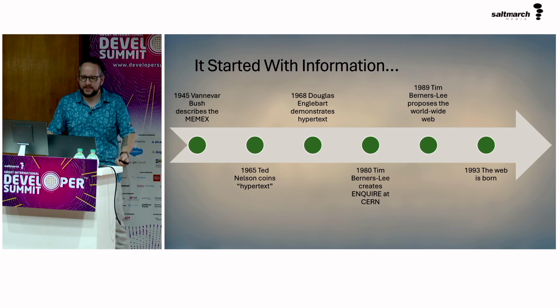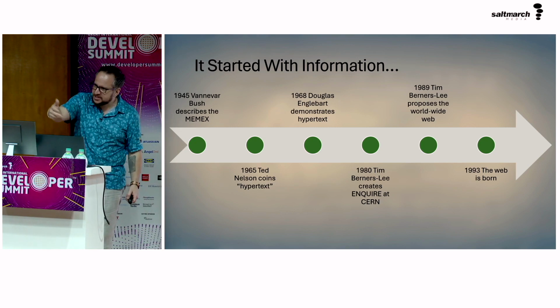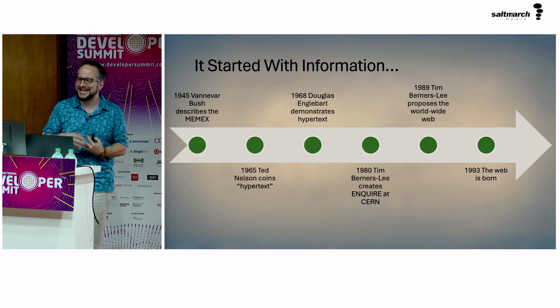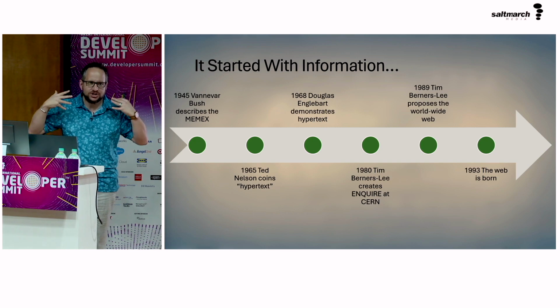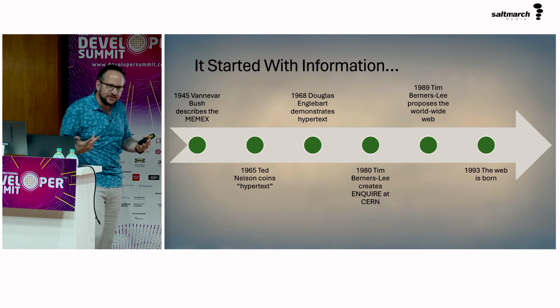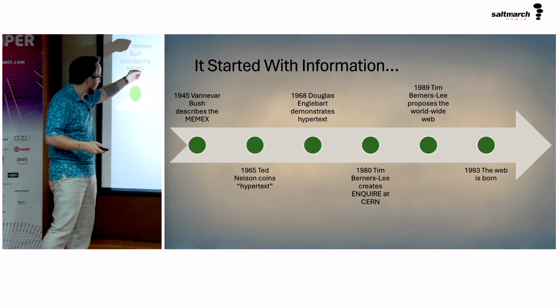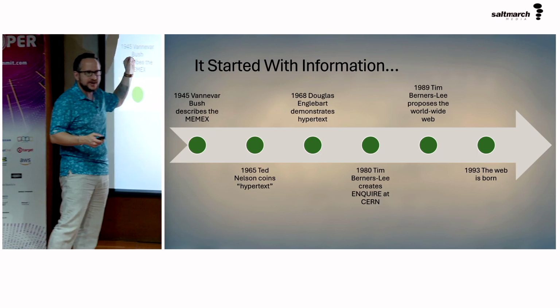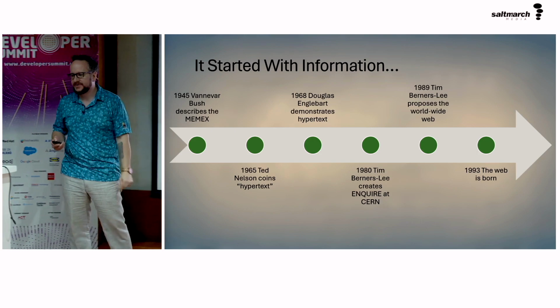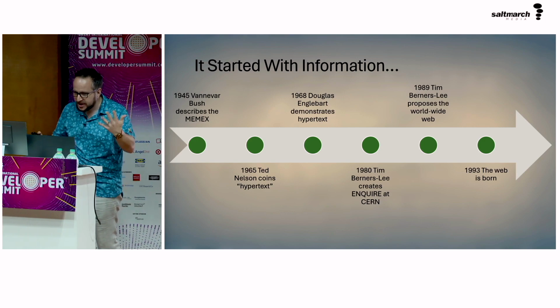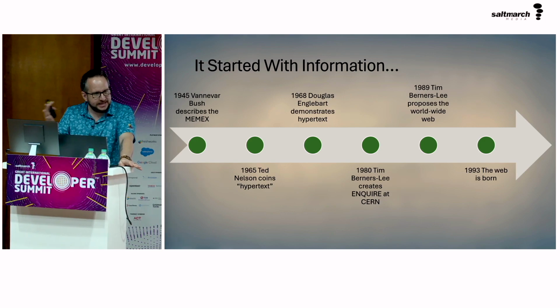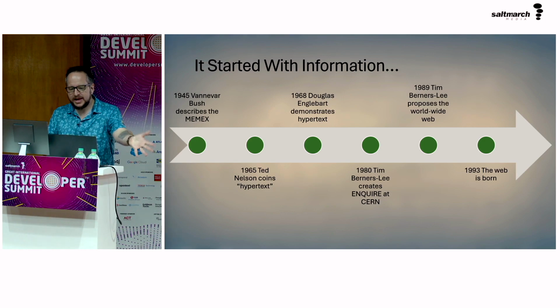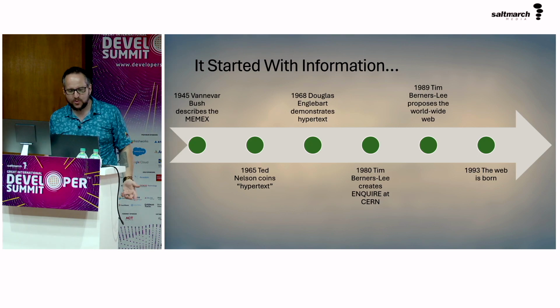But it was a thought experiment. And 1965, Ted Nelson coins hypertext. 1968, Douglas Engelbart shows us the future. Like everything we take for granted, Douglas Engelbart and his team created and demoed in a real, actual demo in 1968. Including hypertext. In 1980, Tim Berners-Lee created something called Inquire. It goes through this all the way to the World Wide Web.